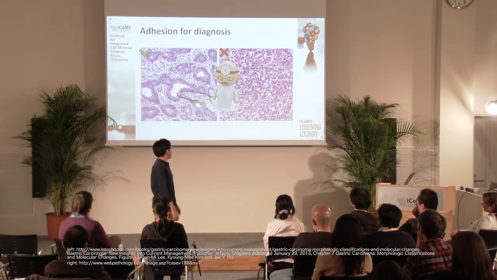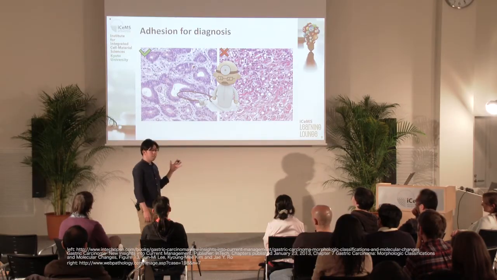As I told you before, pattern recognition is the main way to diagnose cancer. But sometimes it's difficult because there are no quantitative parameters to characterize these kinds of patterns. It's very complicated. It's based on the experience of the medical doctors, but sometimes they face very difficult examples.